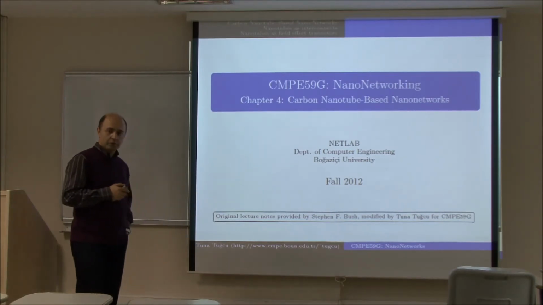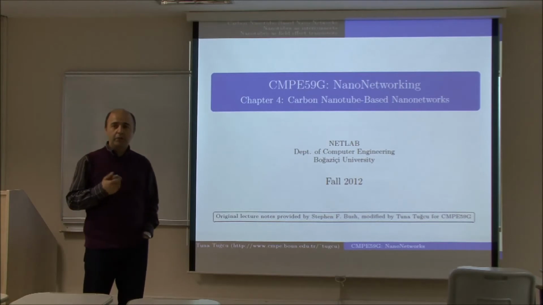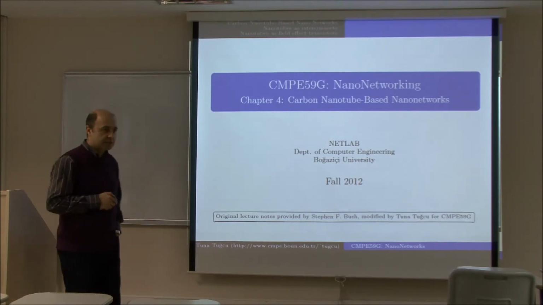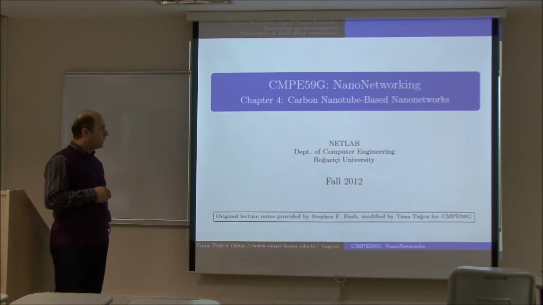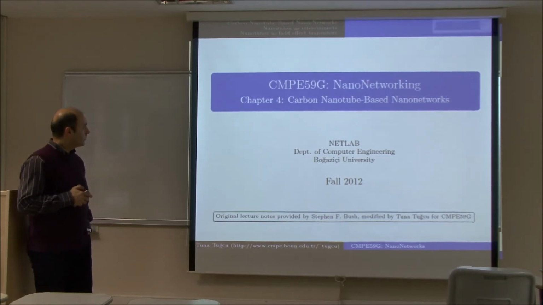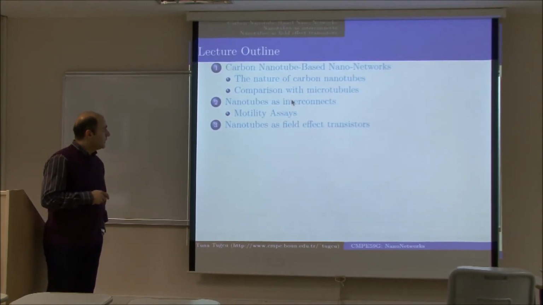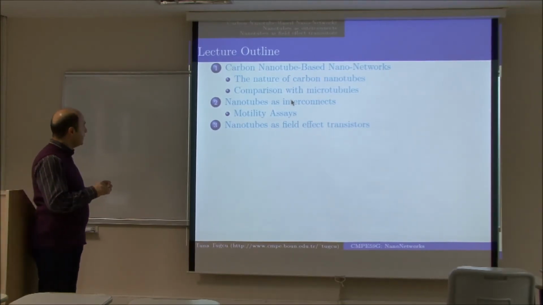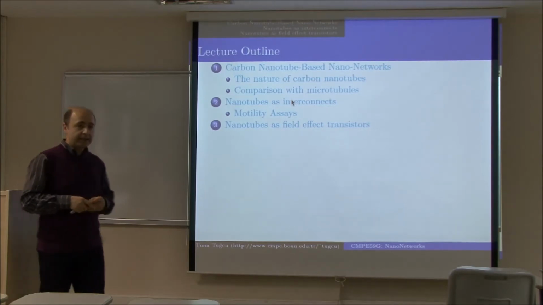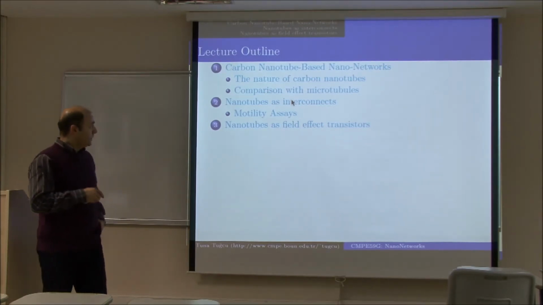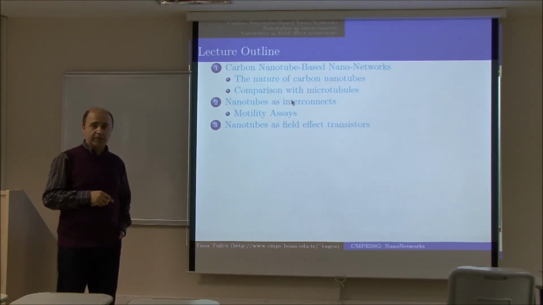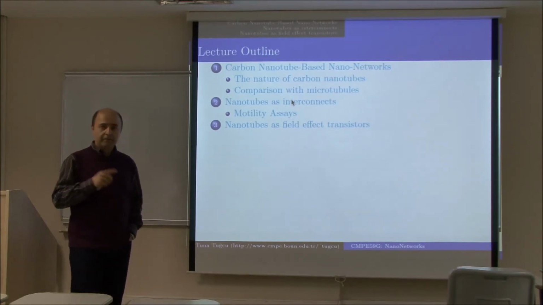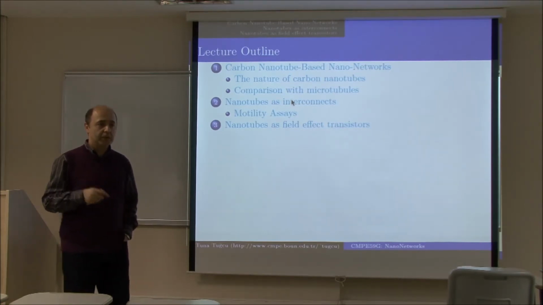But to understand it, of course, you first have to understand how the carbon nanotubes are formed and what the properties of carbon nanotubes are. So we'll be discussing first the nature of carbon nanotubes. That will be followed by the comparison of carbon nanotubes against microtubules.